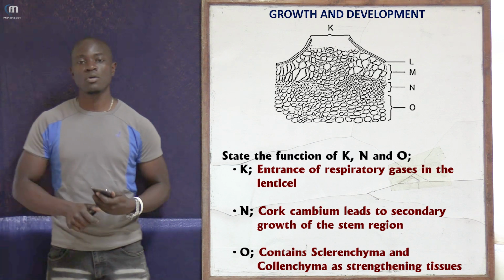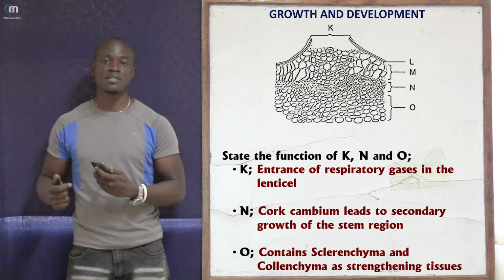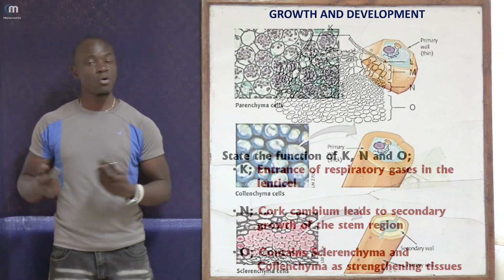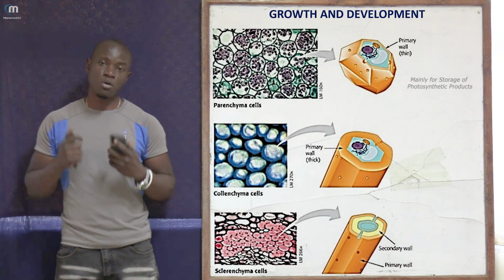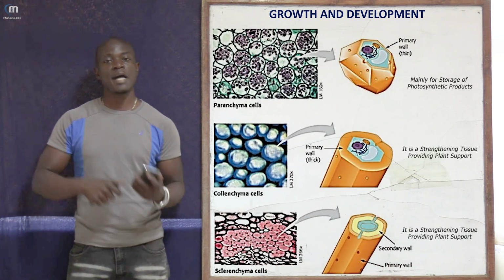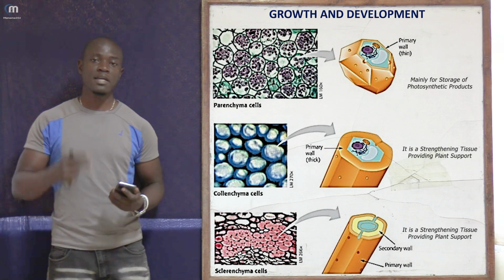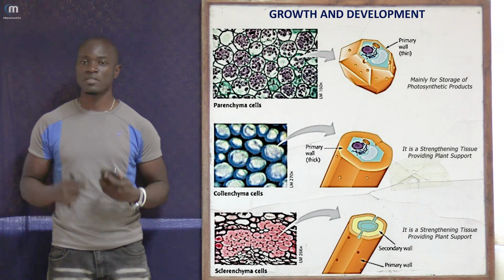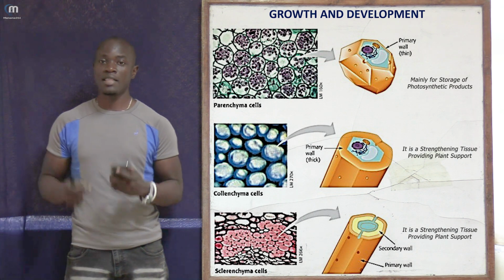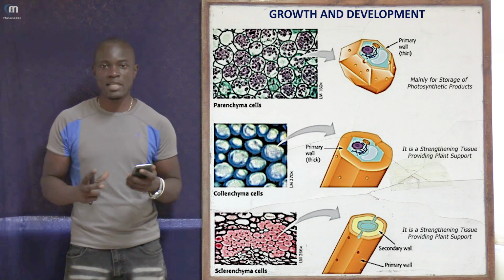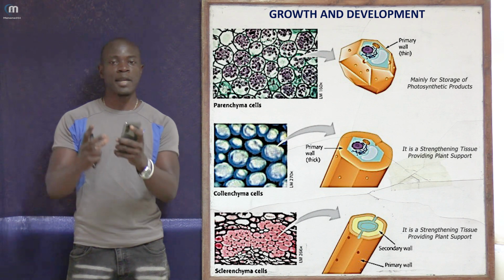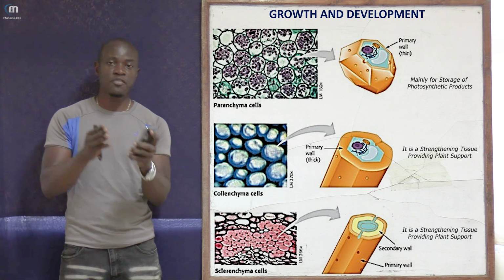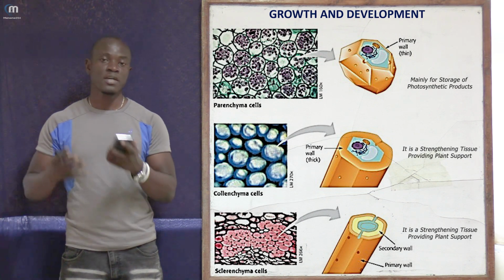The region labeled O contains the parenchyma cells, which are used for storage. Apart from parenchyma cells, it also contains collenchyma and sclerenchyma cells. We study them in the topic of cell specialization, where we say these are normal plant cells which have been modified to perform the function of support.